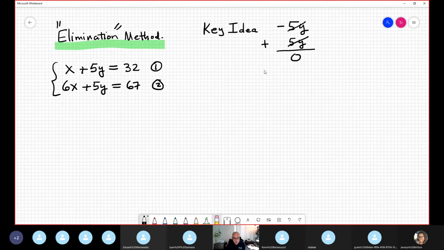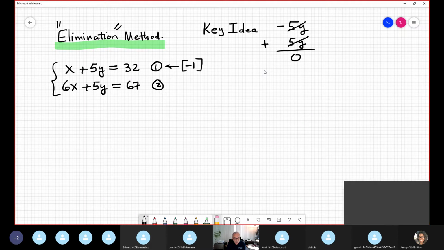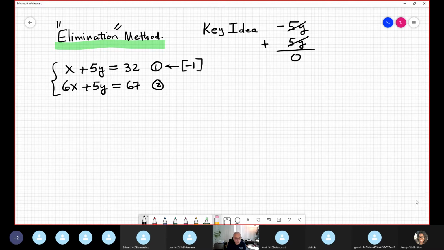Let me use this notation: multiplication, the first equation by -1. Because when you multiply the entire equation number 1 by -1, we have minus x. I copy down.